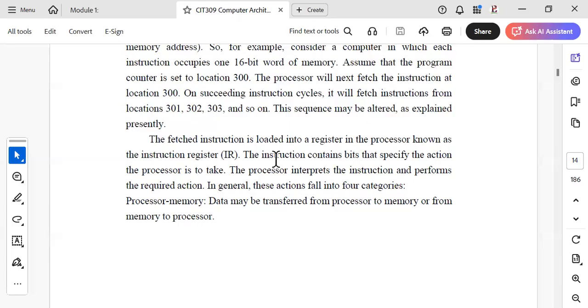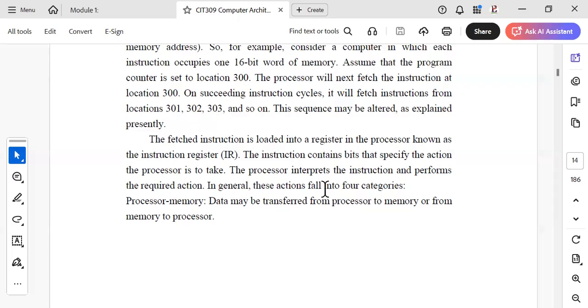So that instruction that is fetched and loaded into a register contains just bits of information, which will tell the processor the type of action to take. I mentioned earlier that it will show whether it is addition, subtraction, multiplication, analysis, or whatever needs to be done in that instruction. Now, the processor interprets the instruction and performs the required action.